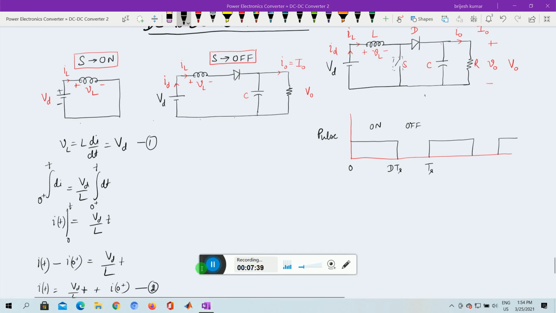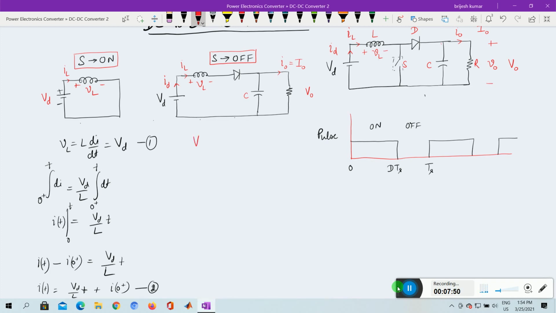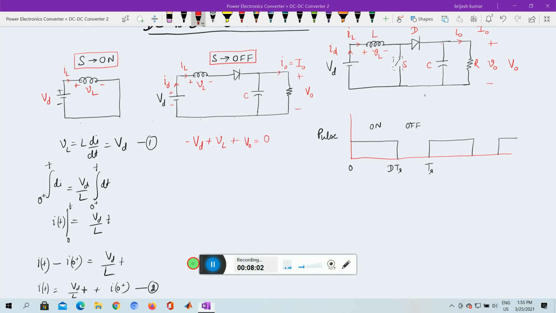Now next, for the off time we will evaluate. For the off time, let us take a KVL, minus plus. So if we apply the KVL in this circuit, it will be like this: minus Vd plus VL plus V0 is equal to 0.